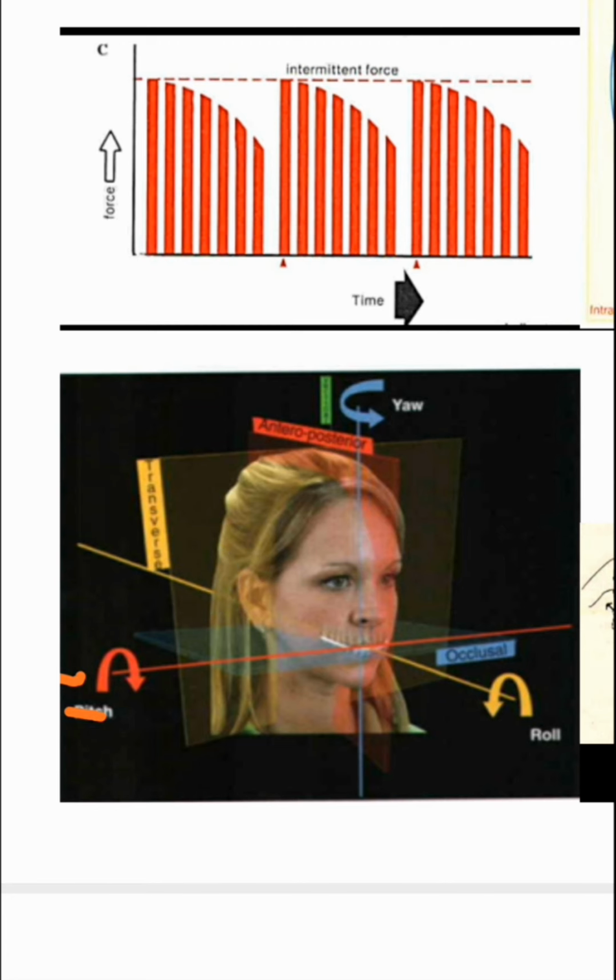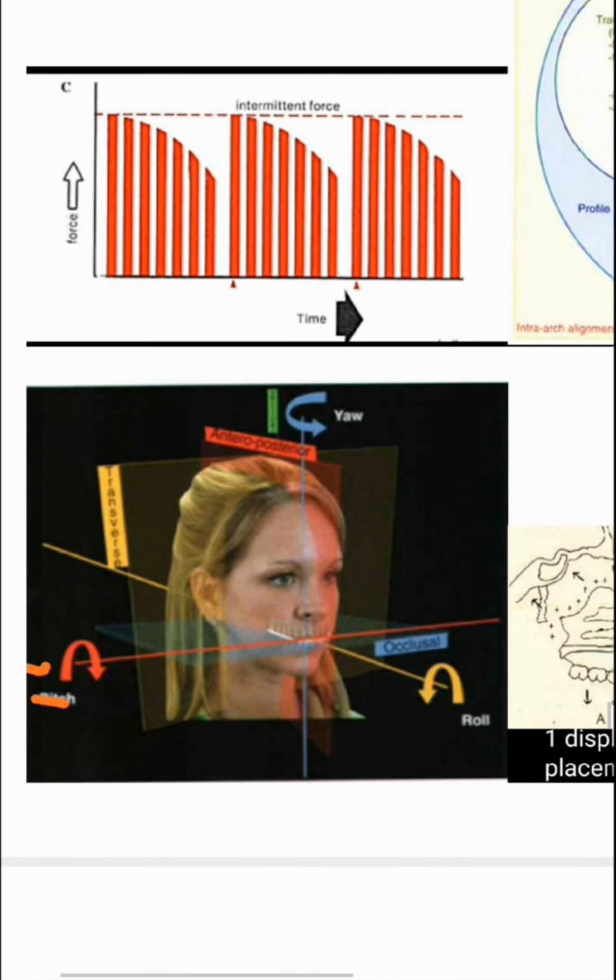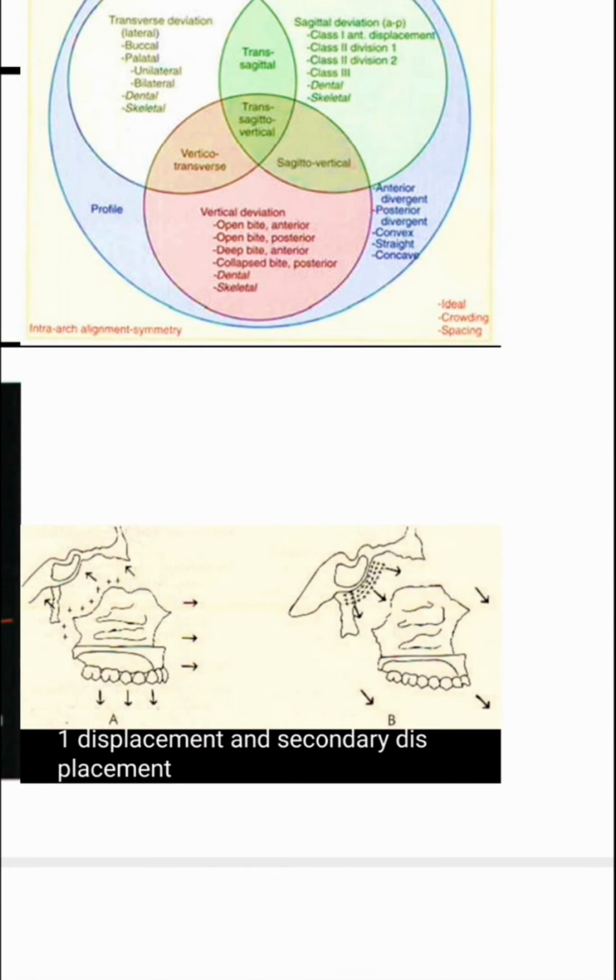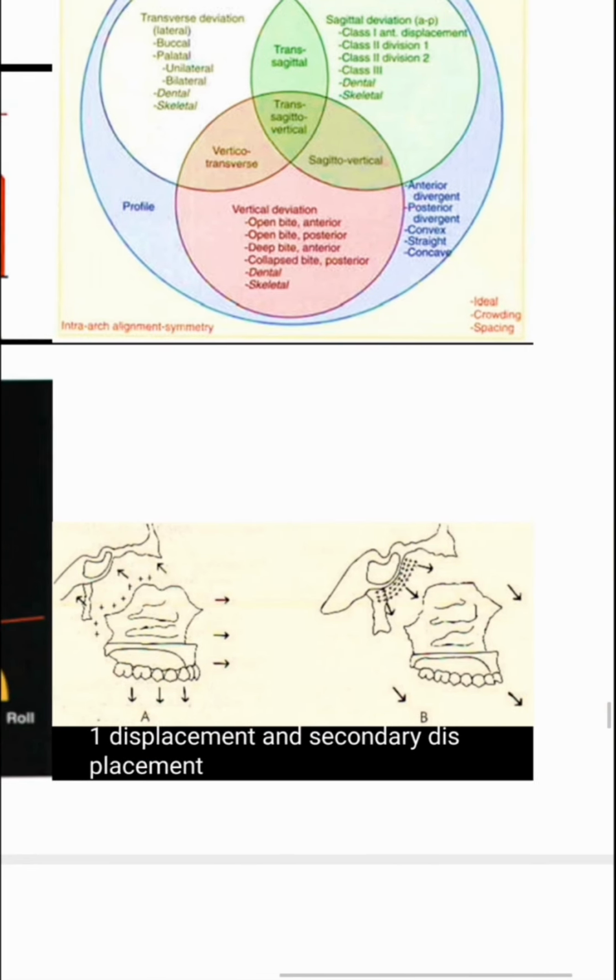Roll is the up-down deviation around the anterior-posterior axis. Canted occlusion is described as roll. Yaw is the left-right deviation around the vertical axis. It describes the rotation of the jaw or dentition to one side or the other. It can cause unilateral class 2 or class 3 malocclusion.